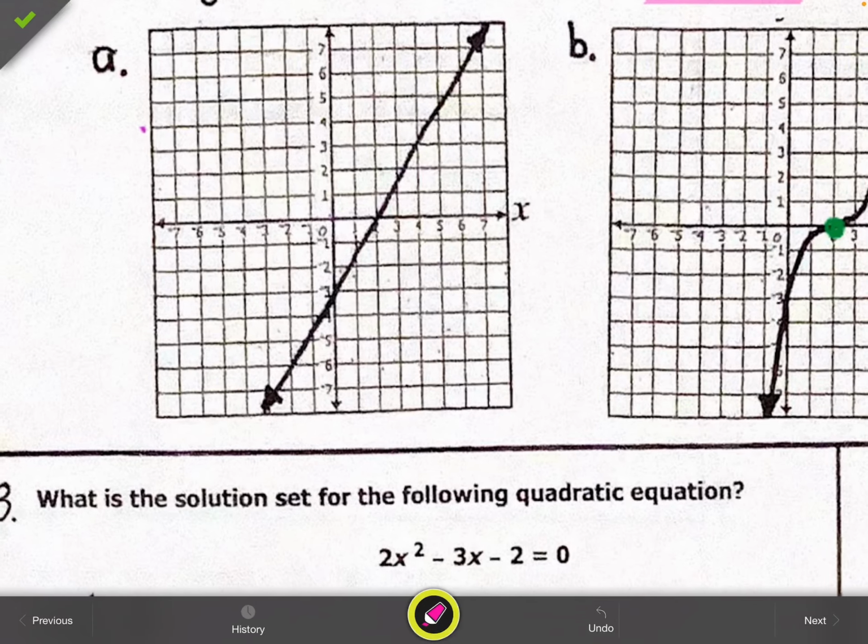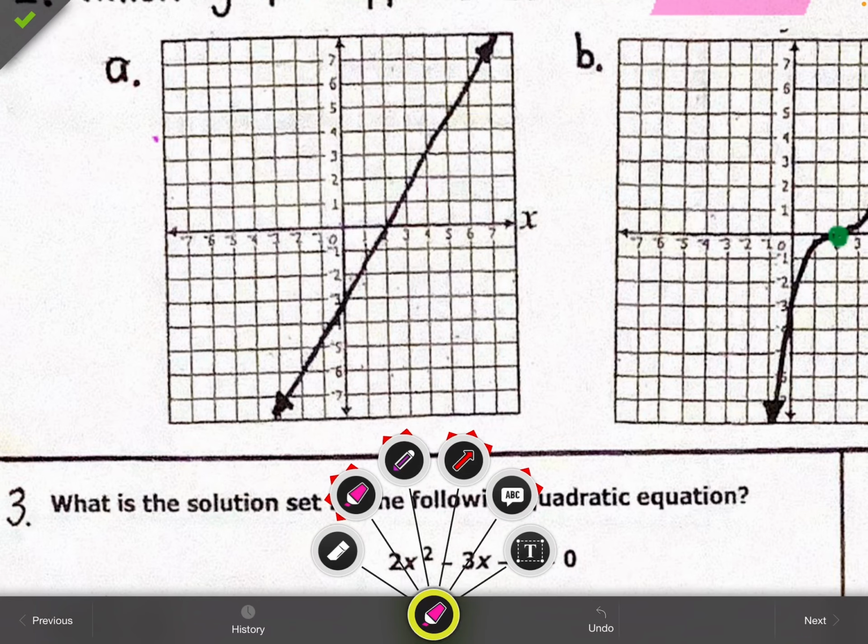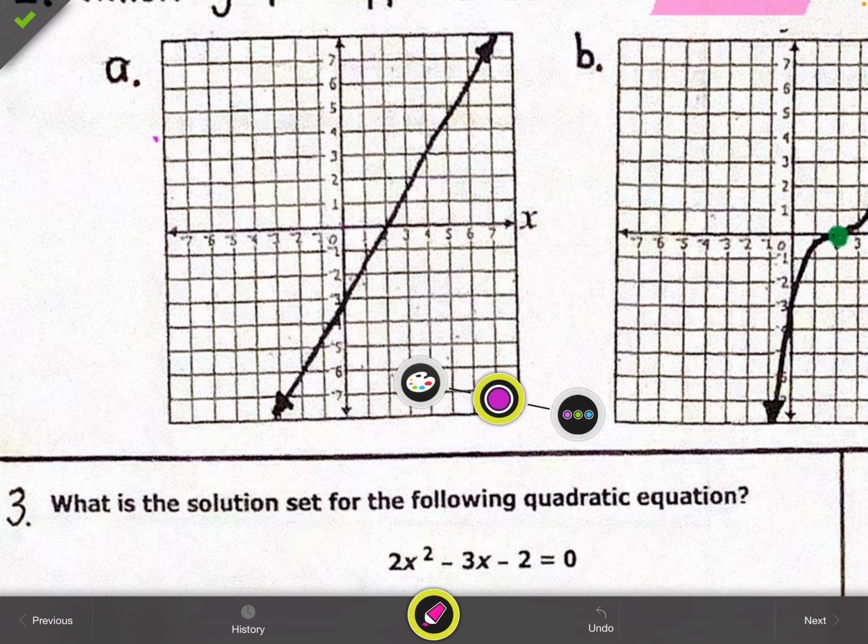Okay, so let's look at A. It's linear. That's a line, so it would be a linear equation. That would just have an x value, not an x squared. It's not a quadratic. And does it have an x-intercept? Absolutely. It crosses your x-axis right here. So your x-intercept here would be 2.